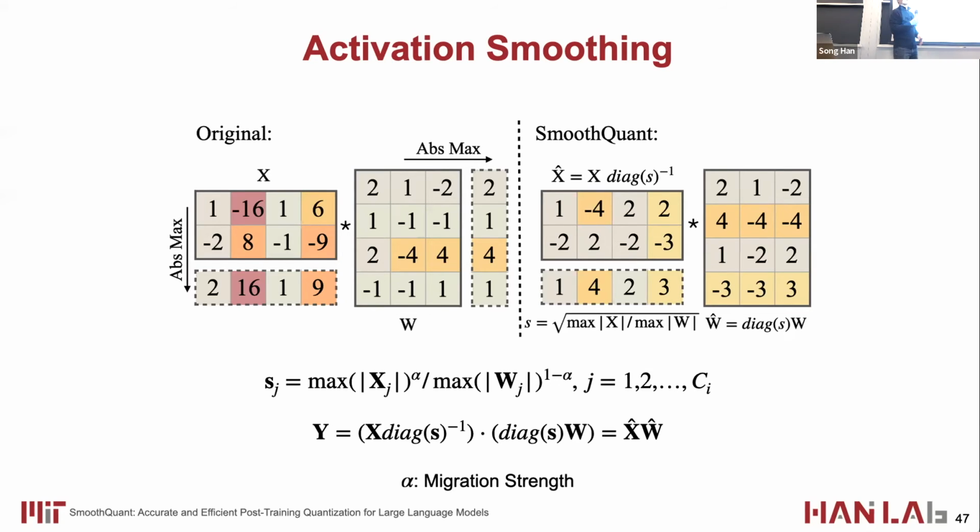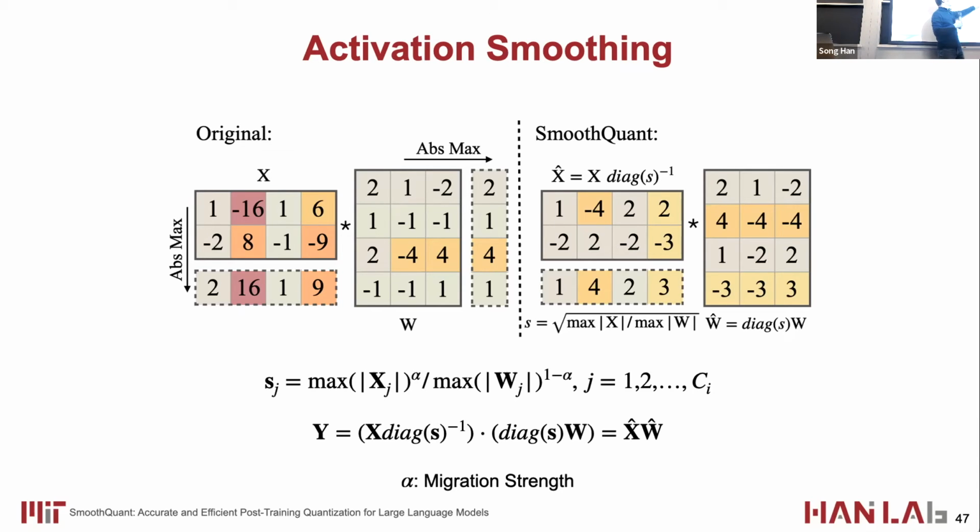1, 4, 2, 3. This is 1, and this is 16 divided by 1, and we take the square root of that, so we get 4. Then 4, square root, gets 2, etc. The last one, 9 divided by 1, the square root, is 3.